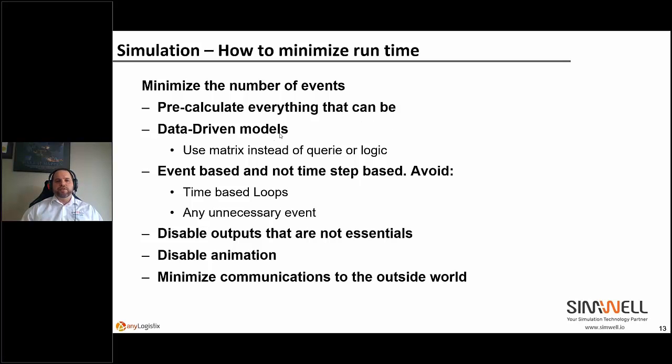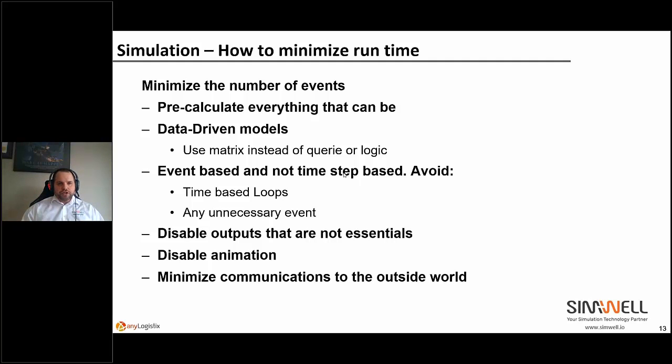Another one is the data-driven model. So use matrices instead of queries. If you have a matrix of data, let's say 1,000 rows, 1,000 columns, and you're interested in a specific cell, like row 50, column 50, then if you have it in matrix format, you just call: this is the matrix, row 50, column 50, here is my data, right?